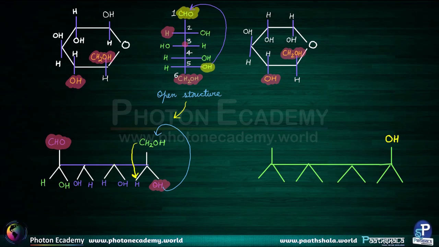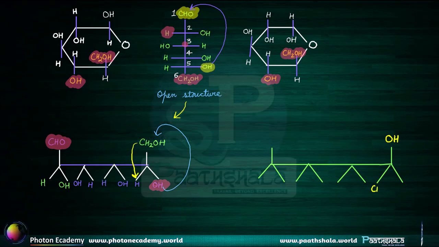Okay, and I have got my CH2OH at this position, and I'm left with an H which comes over here. Now, the valencies of the rest of the chiral carbons are fulfilled, and I've got myself the same.